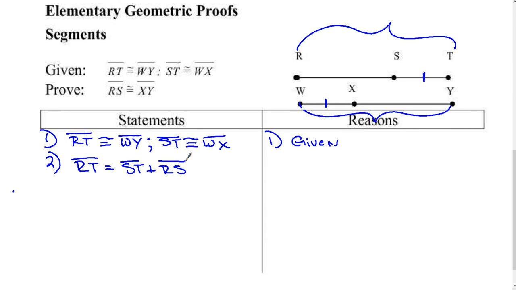So what reason am I going to give for that? What reason does that look like right there? Addition property. Addition property, but which one? I heard it. Angle addition. It's not angle, it is segment.